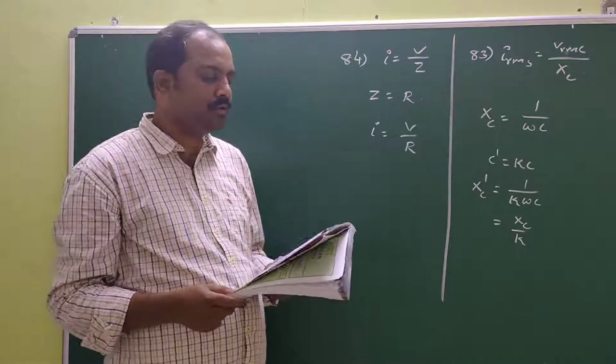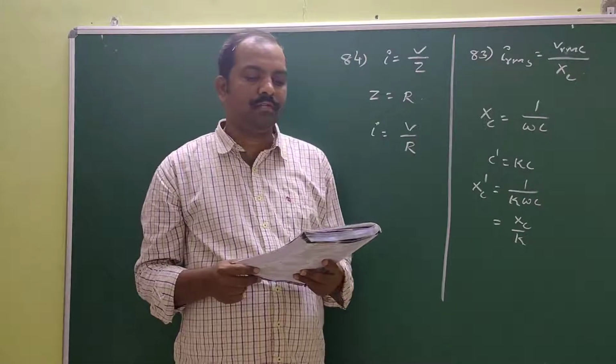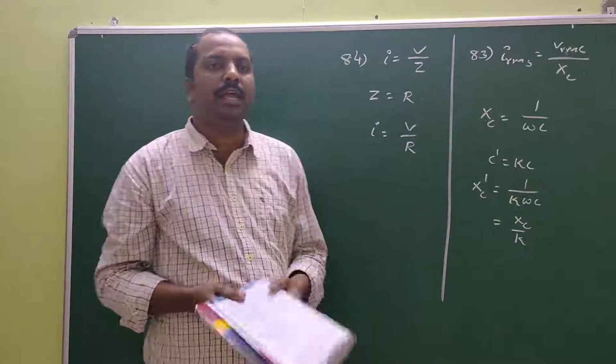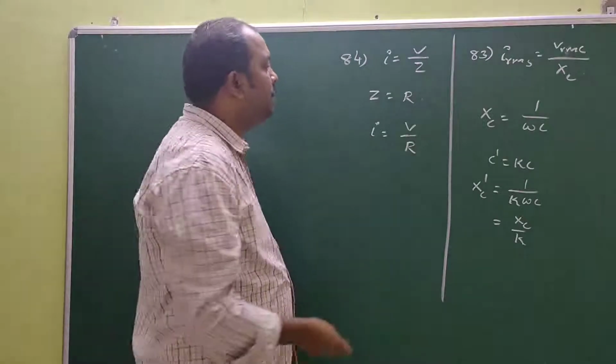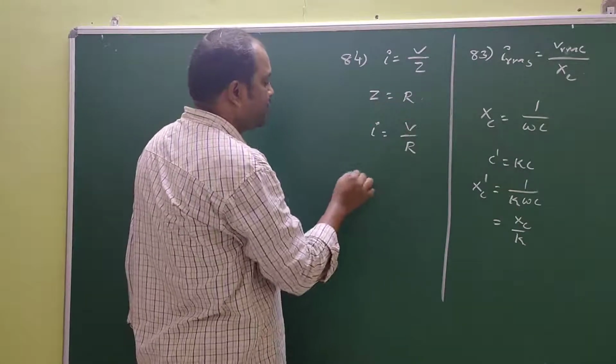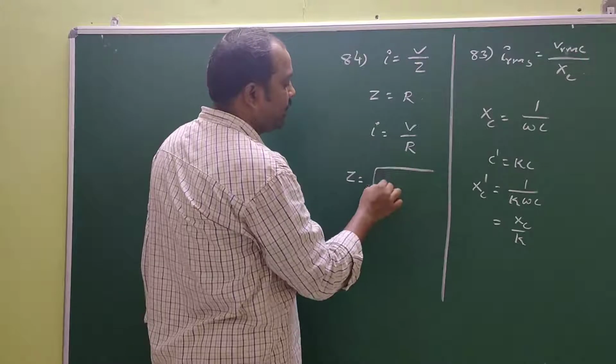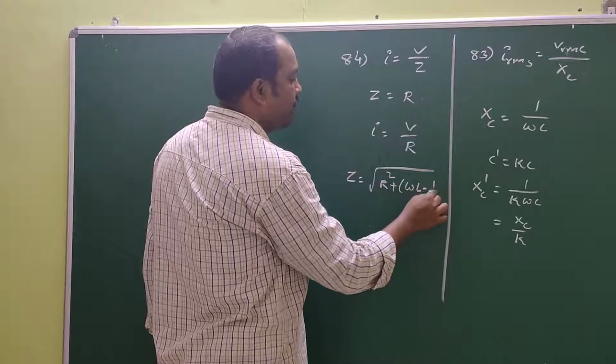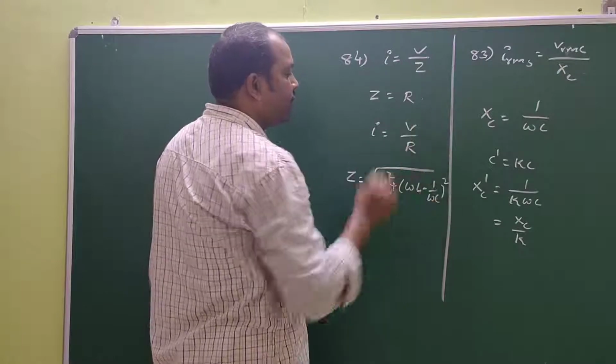Then again check the fourth. Both the circuits must have the same impedance at all the frequencies. Impedance is equal to R at resonance only, but generally it is the square root of R square plus omega L minus 1 by omega C whole square.